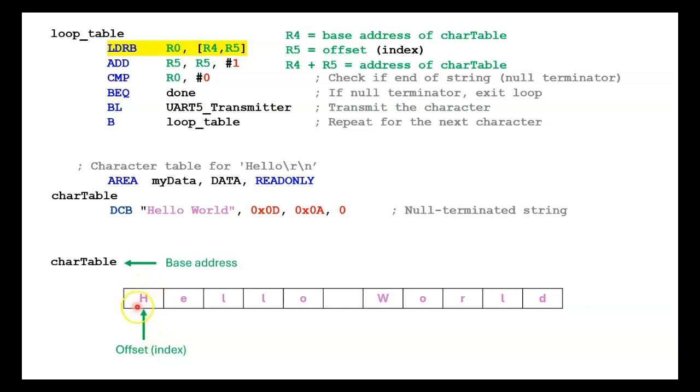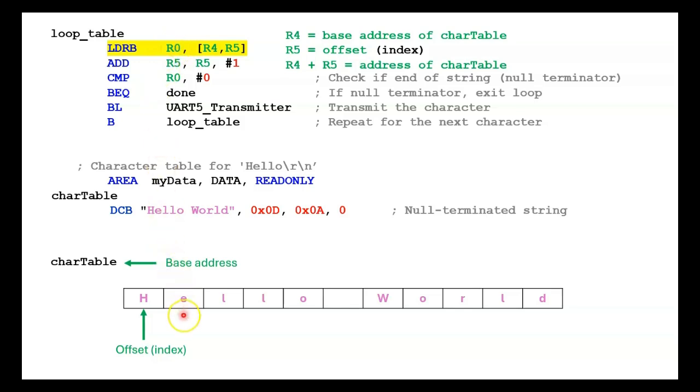For example, take this uppercase H. The address of this uppercase H would be the base address plus the index. That gives us the address of uppercase H, and that is the address that is copied into R0.